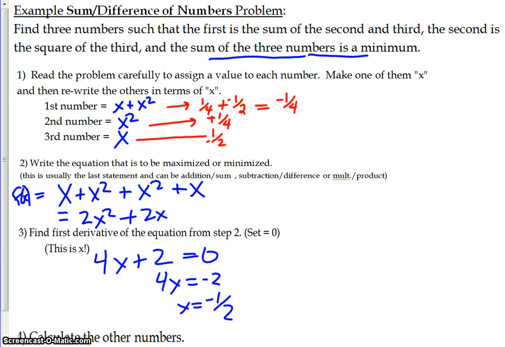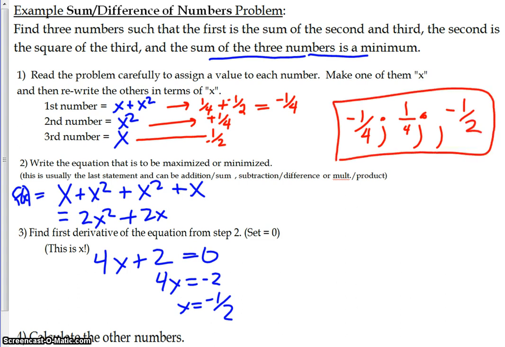So my answers in the end are the first number is negative 1/4, the second number is positive 1/4, and the third number is negative 1/2. Those 3 numbers fit the conditions given.